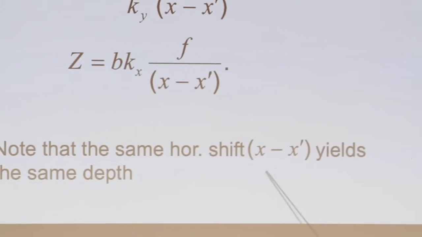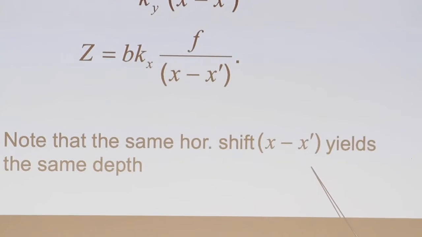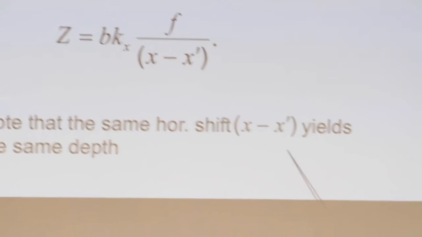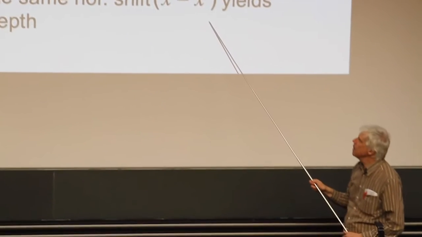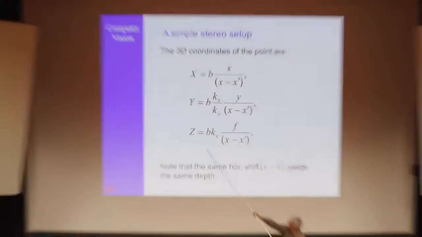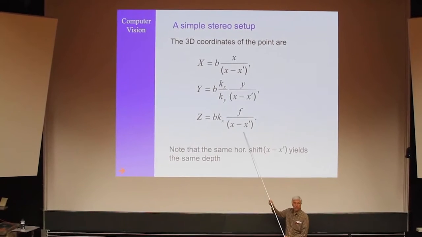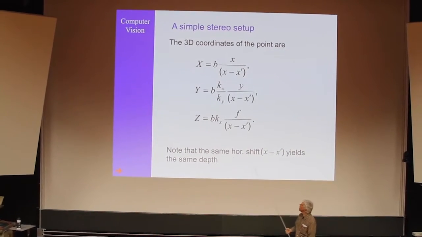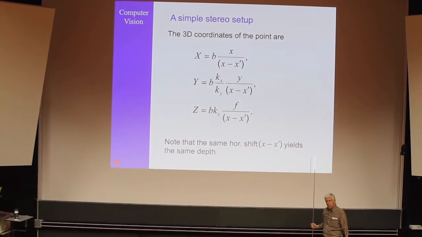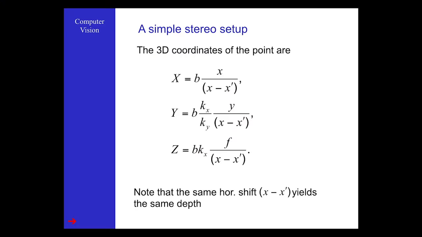So x minus x prime, in this case, for this simple setup, is directly related to z. This is an inverse proportional relation between the two. X minus x prime, the disparity, governs this relation.